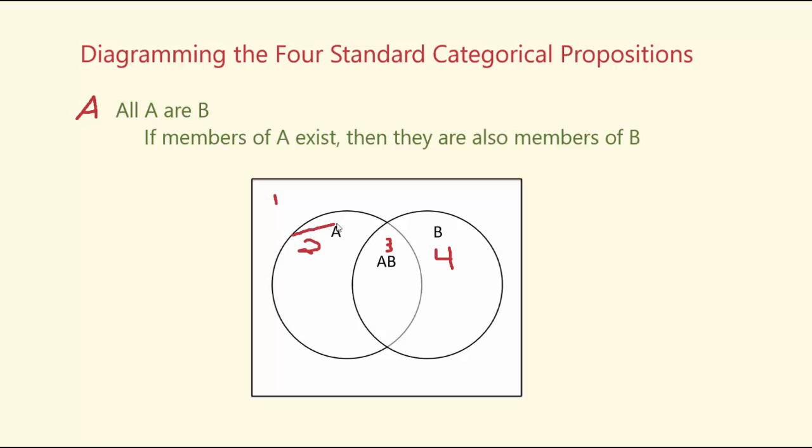Well, that violates what all A are B says. So in order to represent visually what all A are B commits us to, we have to get rid of area 2. Now the only A's that are left over are within the B circle.